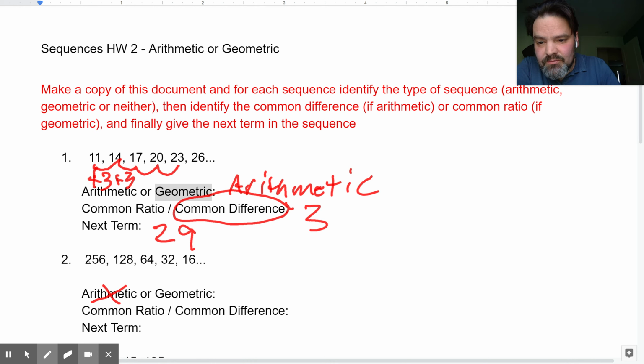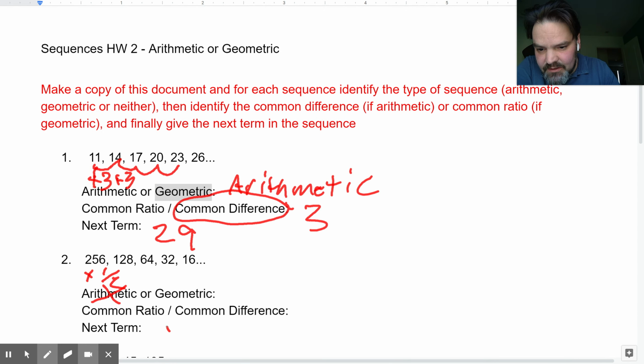Here, in fact, what I'm doing is I am multiplying by 1/2. Dividing by 2 is the same as multiplying by 1/2. 256 times a half is equal to 128. 128 times a half is equal to 64. Times a half is 32. Times a half is 16. Times 1/2 is 8.